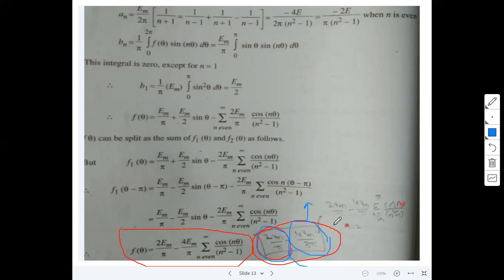Of course there is a cos 2 theta also, so I am considering the magnitude point of view. The first term 2 Vm by pi is the DC component, whereas the second term is the magnitude of the AC component, right?